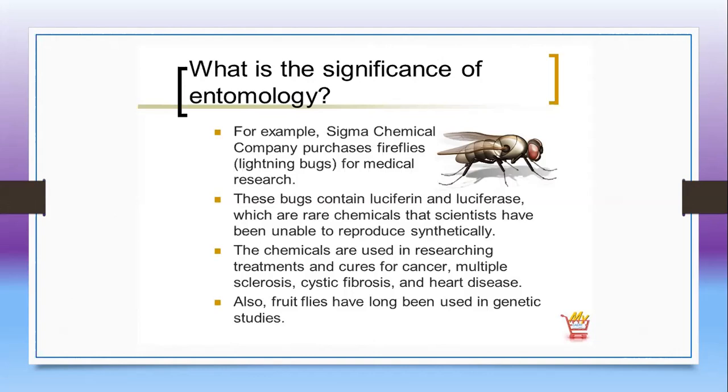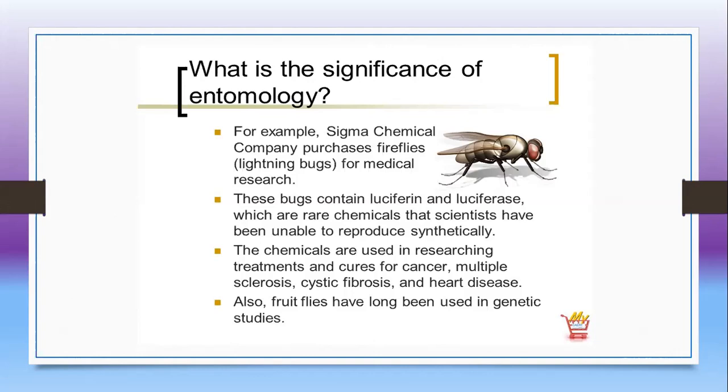These chemicals are used in medicine, in curing various kinds of diseases, as I just told you now. Not simple diseases. They are curing very deadly diseases concerned with heart ailments and even cancers and fibrosis and various other ailments.